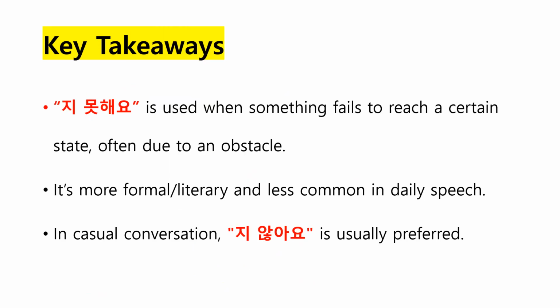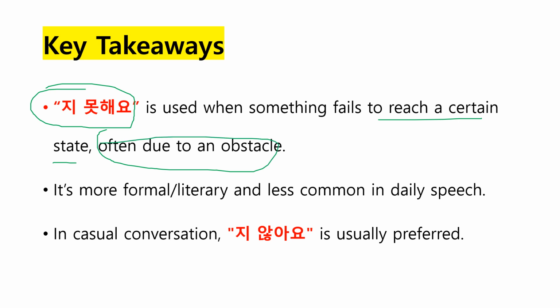Okay, so the key takeaways from today's video is that 지 못하다, so 지 못해요, is used when something fails to reach a certain level, state, often due to an obstacle. Well, there might be some obstacles, some problems, right, for that thing to reach that level of, let's say, cleanliness or freshness, right? So in that case, you say 지 못해요, okay?